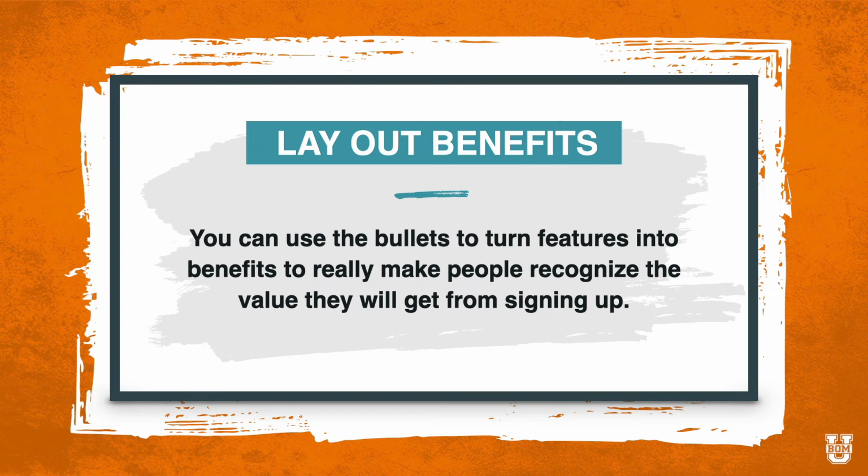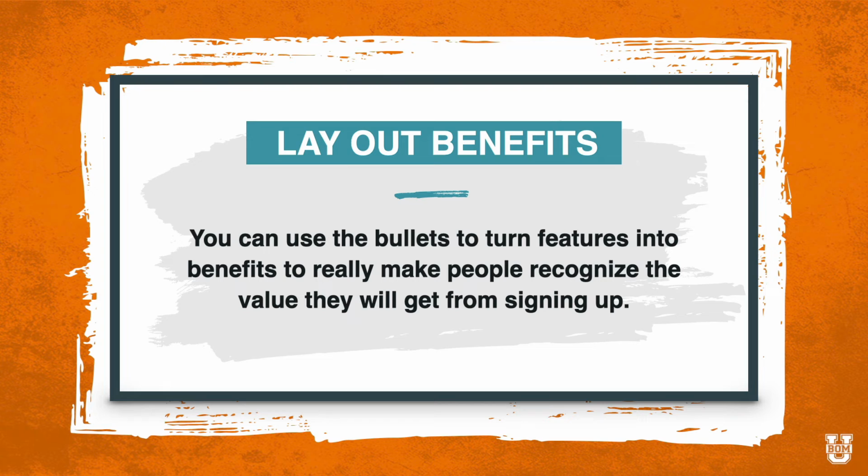But the big thing here is they need to lay out benefits. What you're often going to do is use the bullets to turn the features into the benefits to really make people recognize the value they will get from signing up. This is something that I want to highlight. Features are things like, in my case, that my templates come with video instructions, or that it was created by a Harvard law grad.